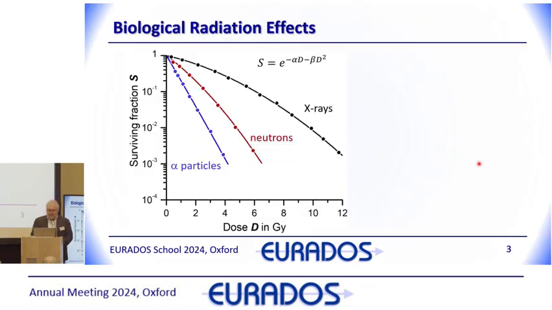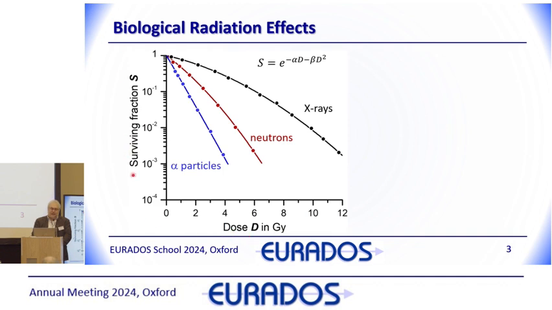So a typical biological endpoint is cell survival, clonogenic survival. You irradiate your cells to a certain absorbed dose, and this can be absorbed dose to water, usually. It can also be absorbed dose to tissue. Sometimes in many of these experiments, it's in reality air kerma that they give as dose.